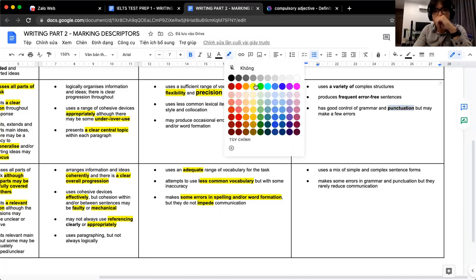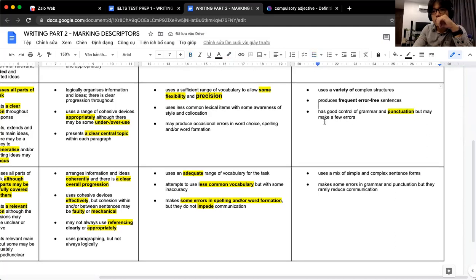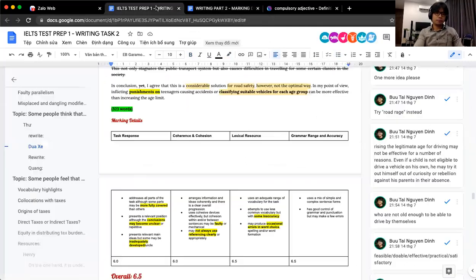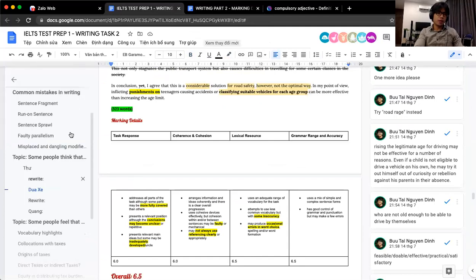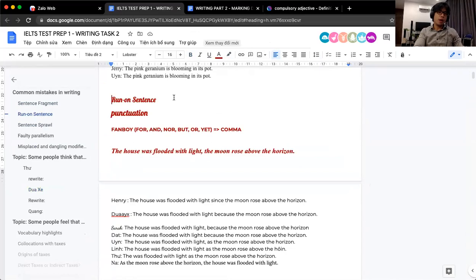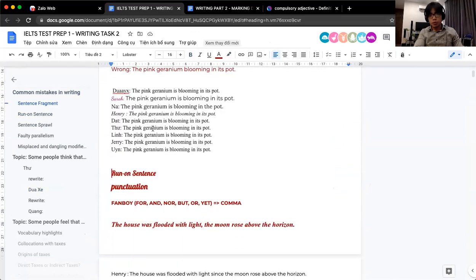Punctuation, dấu câu, right? Punctuations. I don't think you guys understand this very well. I tried to touch on it before with the mistakes in writing, like sentence fragments or run-on sentences, like where we should put the comma, where we should put the full stop.